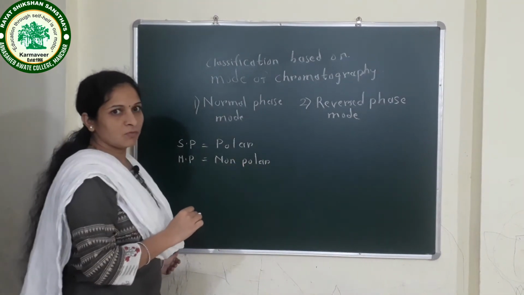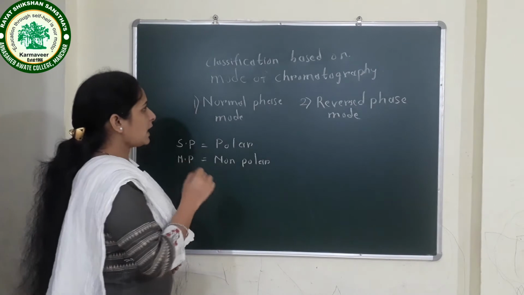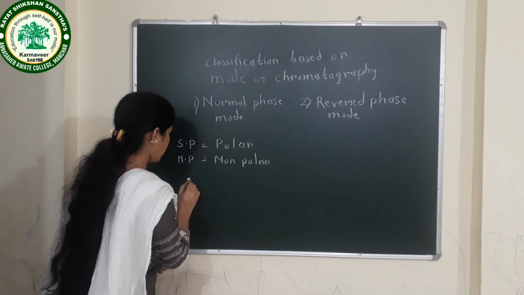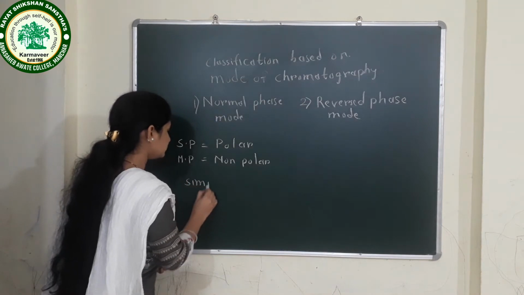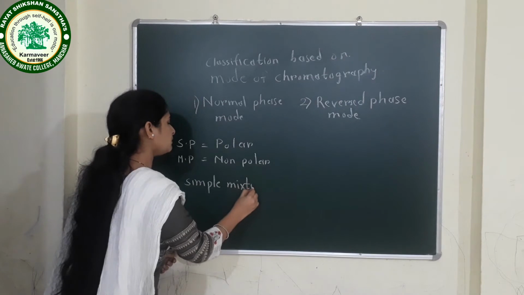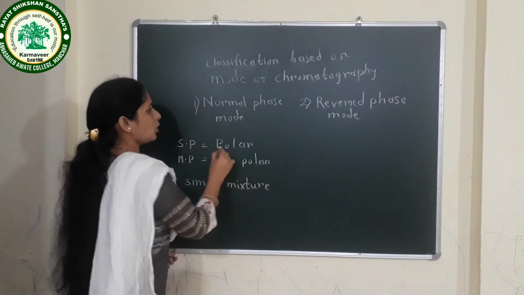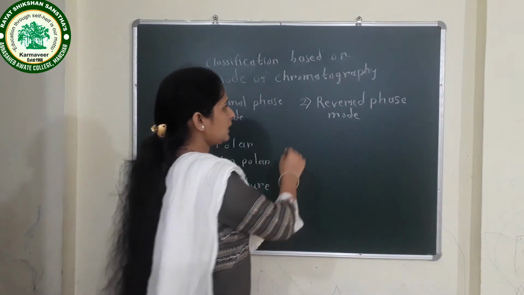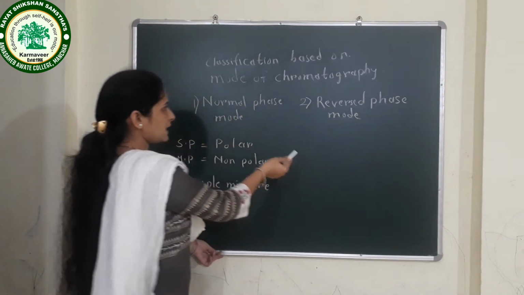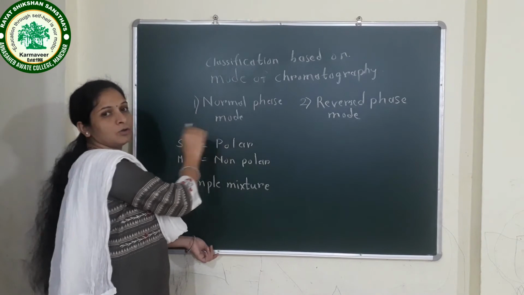For separation of the simple mixture, we can use normal phase mode. Then the other technique is the reverse phase mode. It is exactly opposite to that of the normal phase mode.